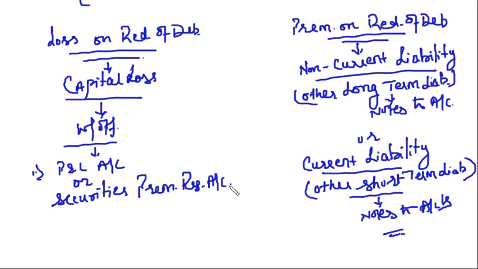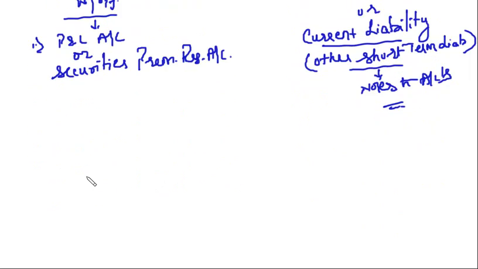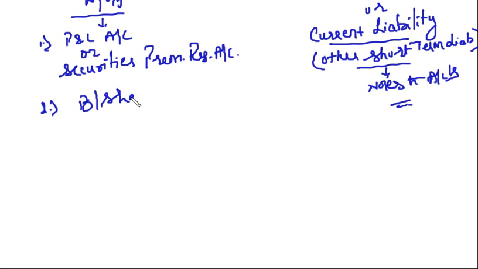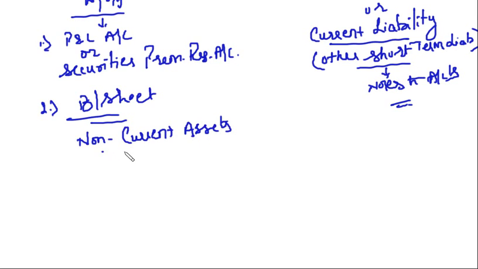Clear? Now, where will this loss be shown? In the balance sheet, it will be shown either under the head of non-current assets. Loss is shown on which side? Asset side. Non-current assets, right?